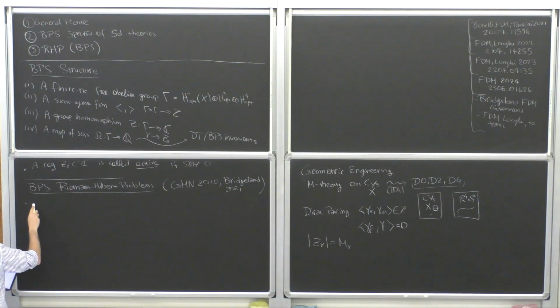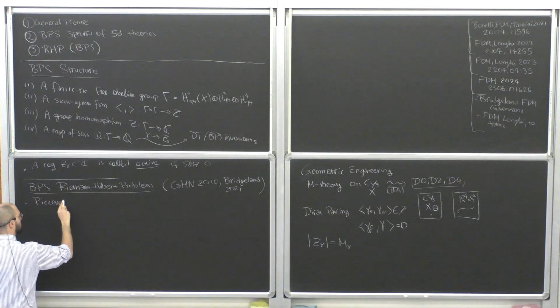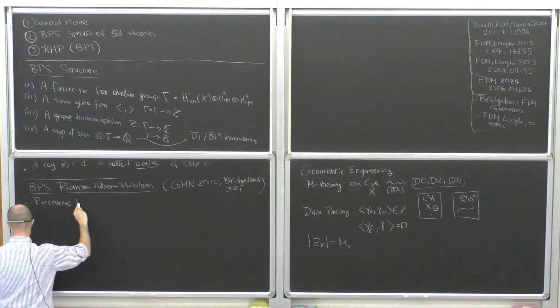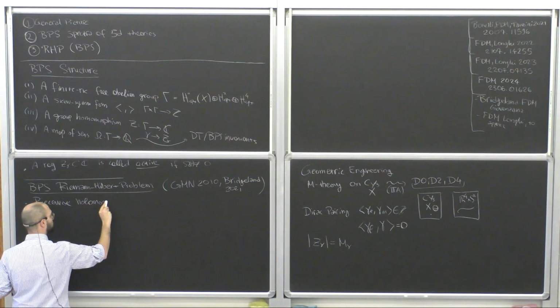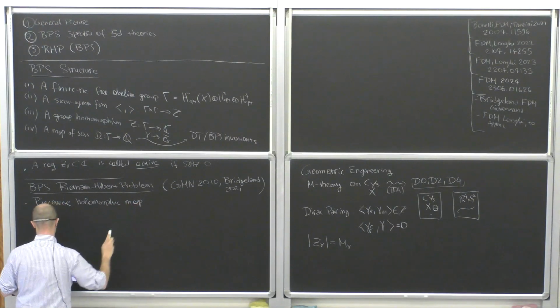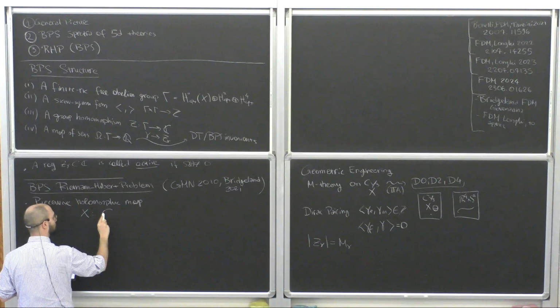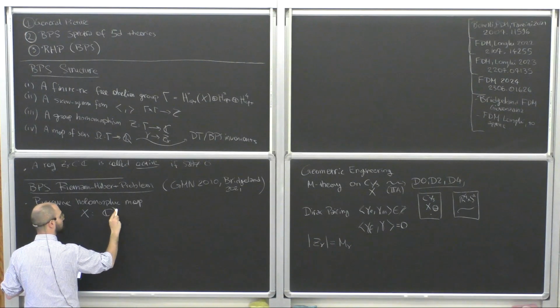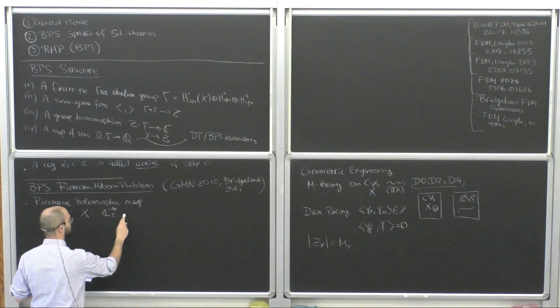So the statement is that we want to find a piecewise holomorphic map X, from C star in epsilon, like the epsilon of the WKB approximation in the context of spectral networks.